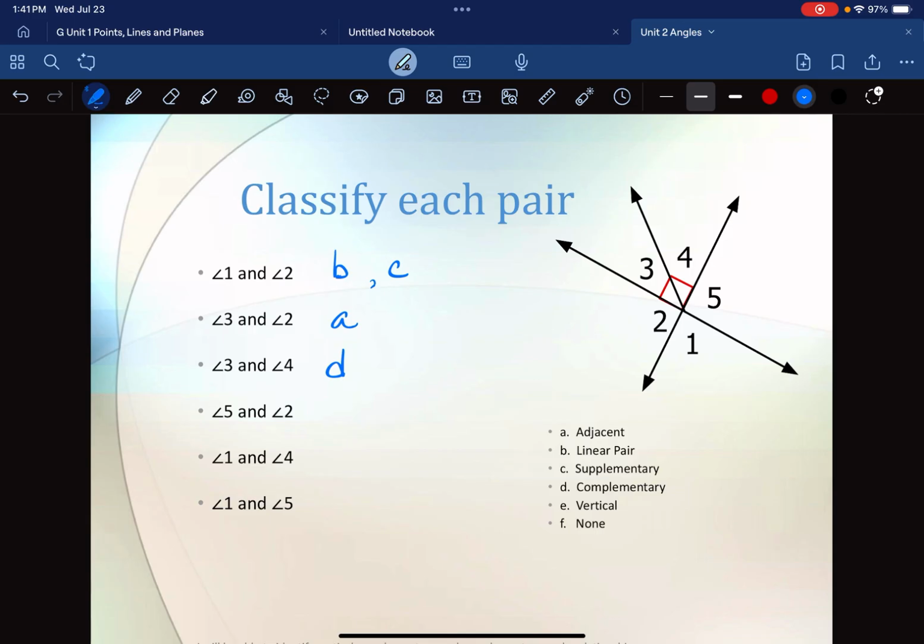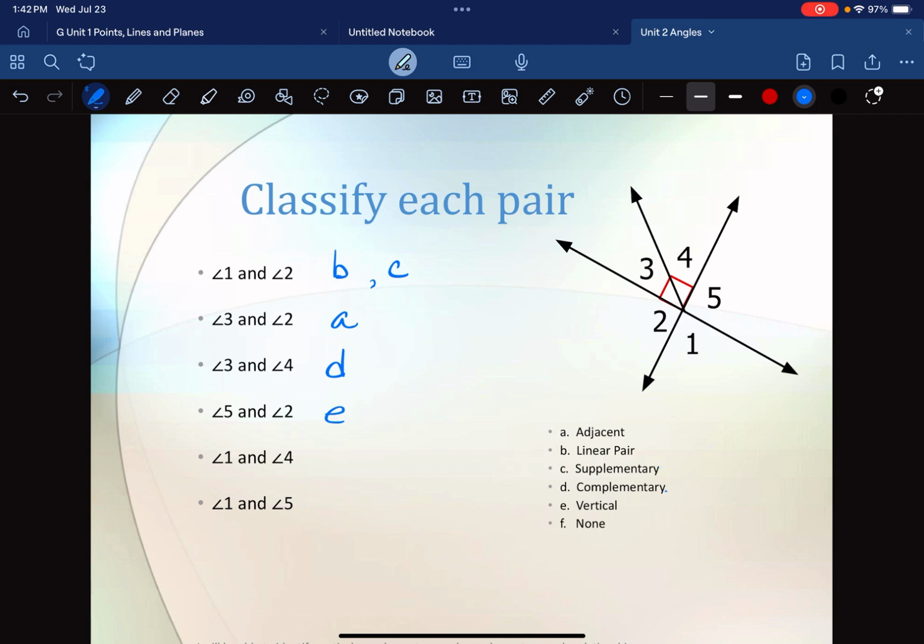5 and 2, they are opposite sides of the capital X formed by the lines in the drawing. So those are vertical. 1 and 4. Well, 1 and 4 aren't adjacent. Therefore, they're not a linear pair. We don't know their measures, so they're not supplementary.